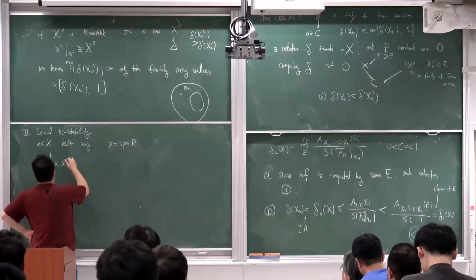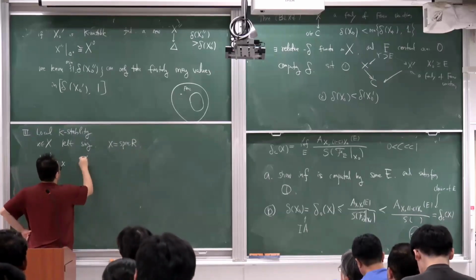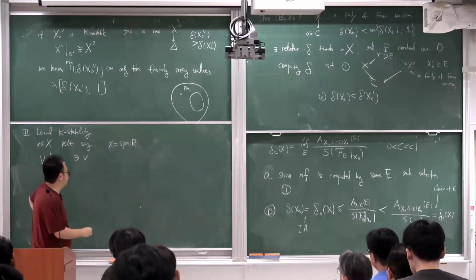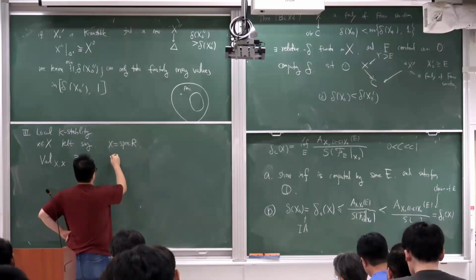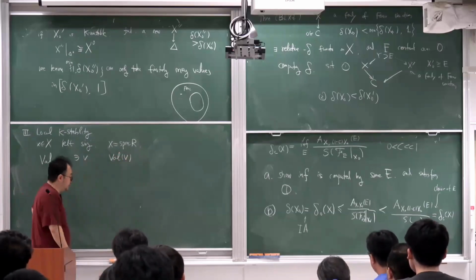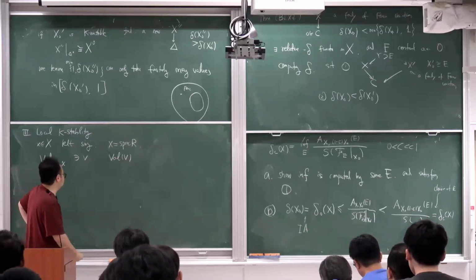And for any valuation which is centered at this point, I can define two invariants. The first is the volume of v, which was first defined by Ein, Lazarsfeld, and Smith.